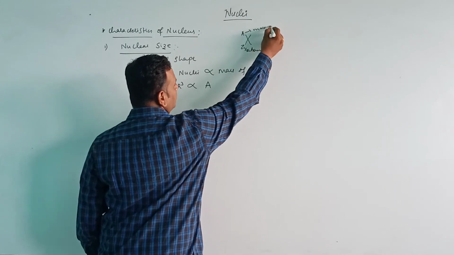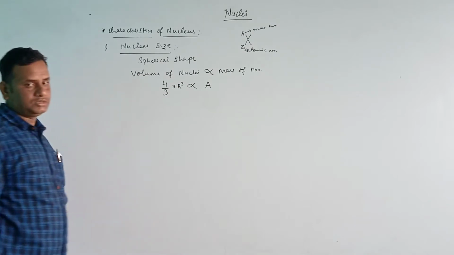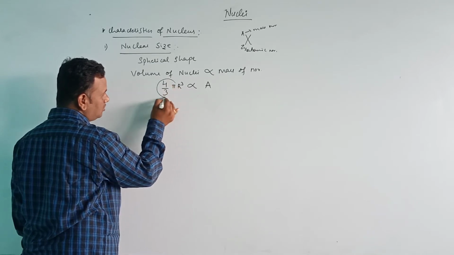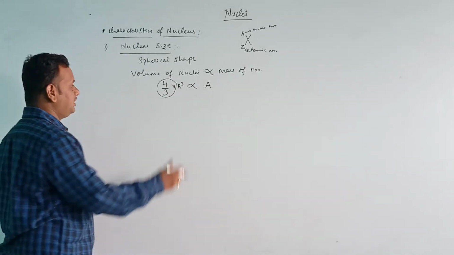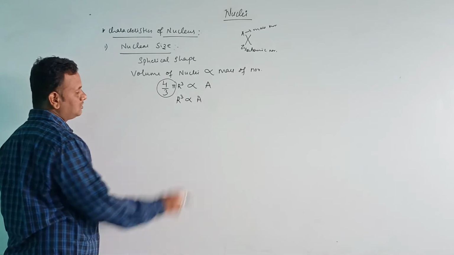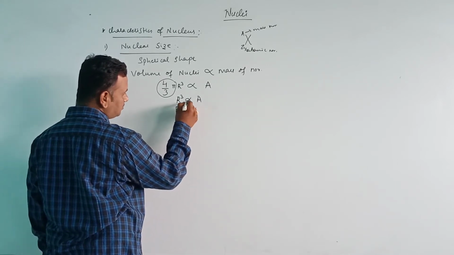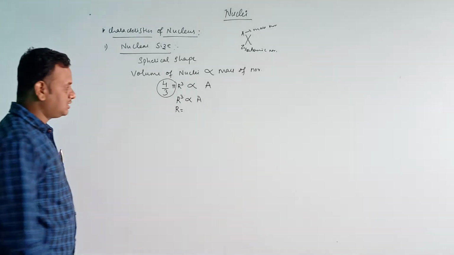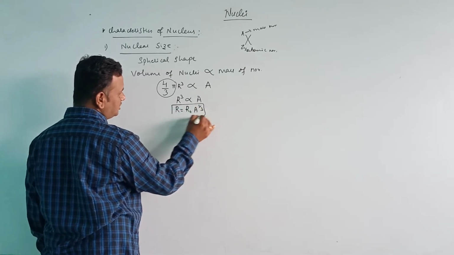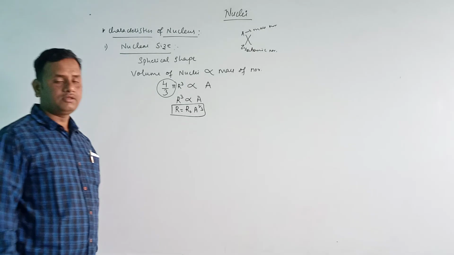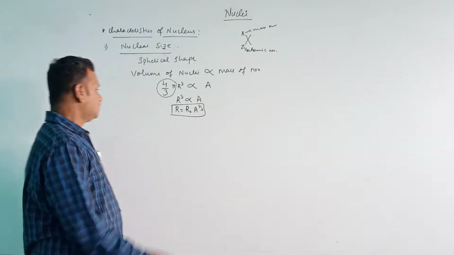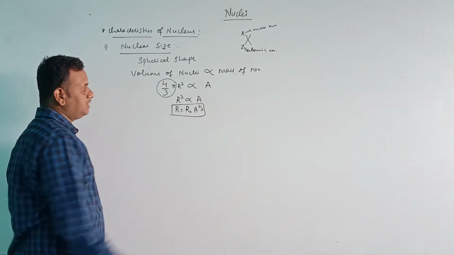Now 4/3 pi is a constant term, so r cube is directly proportional to A. Removing the proportionality constant, r equals r naught A to the power of 1 by 3, where r naught is the unit radius of a nucleus.